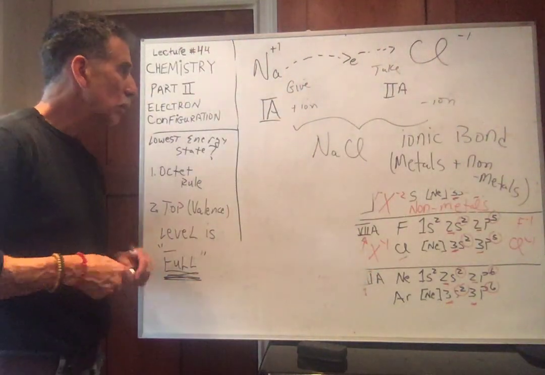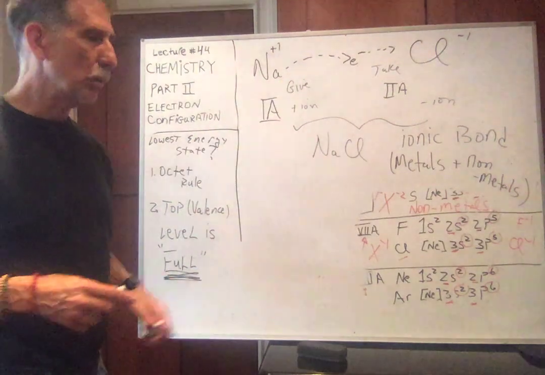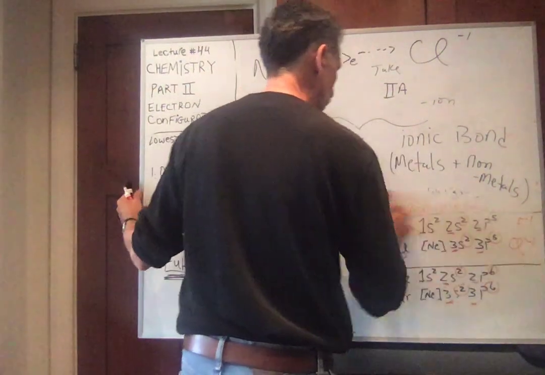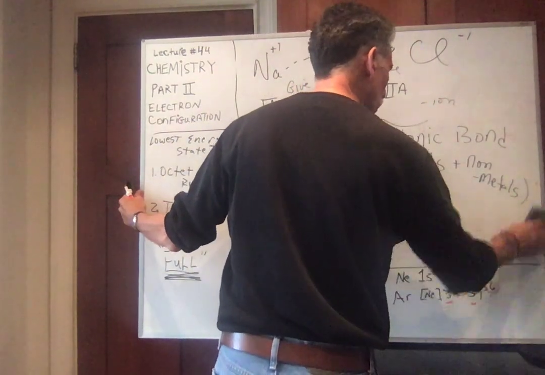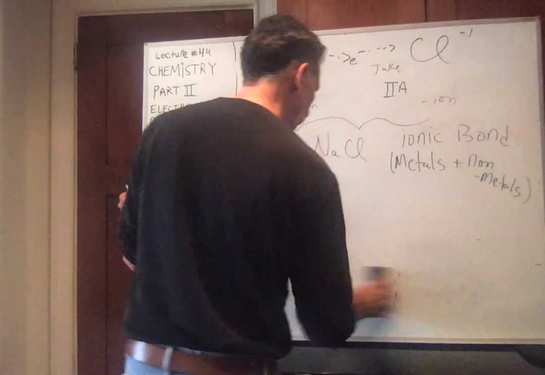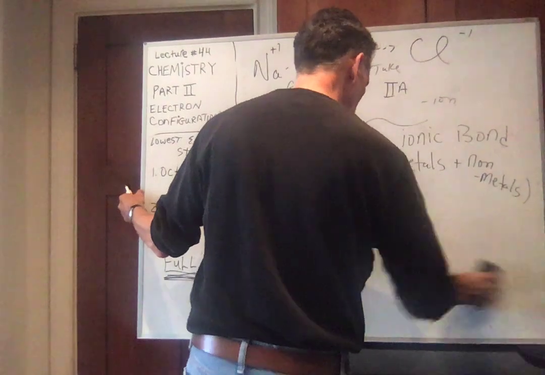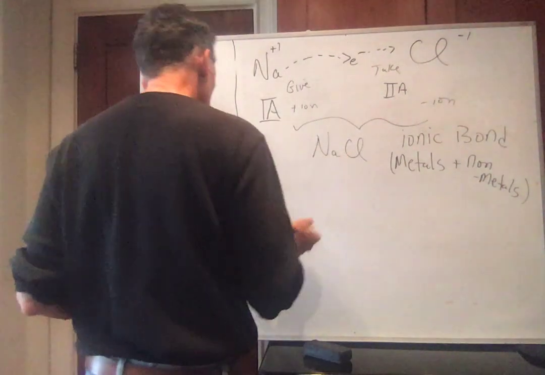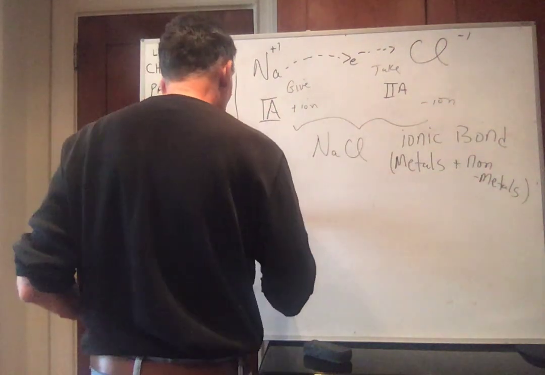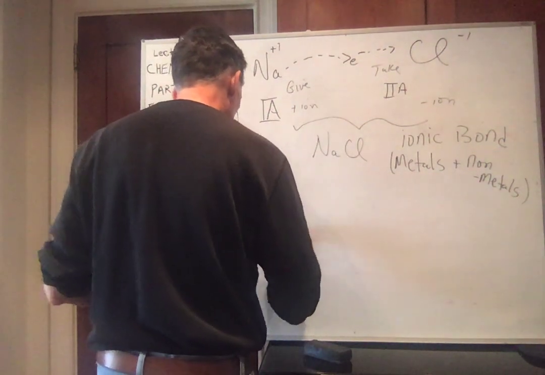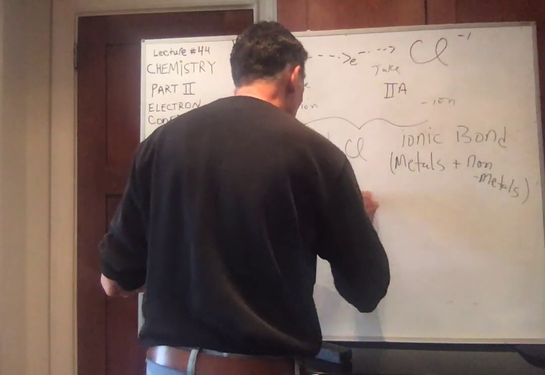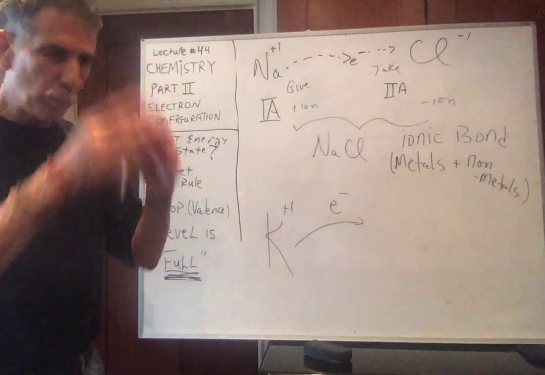Okay, give one electron, take two electrons. Take one electron. Okay, suppose, let's do simple and then we'll end here and then we'll pick this up in the next lecture. Suppose I want, let's take sodium again. Let's take potassium. Potassium again wants to give one electron, like it's in group 1A.